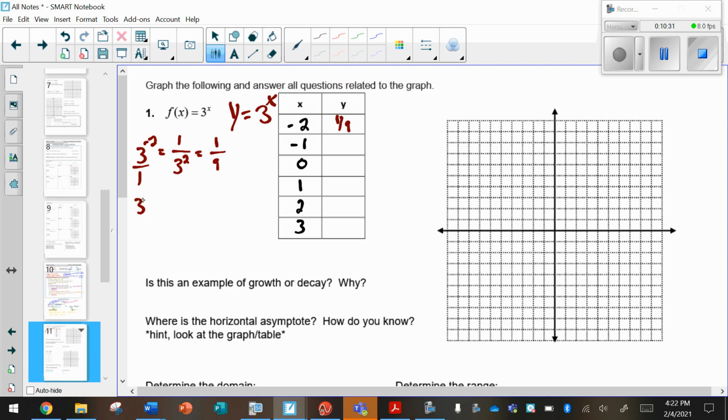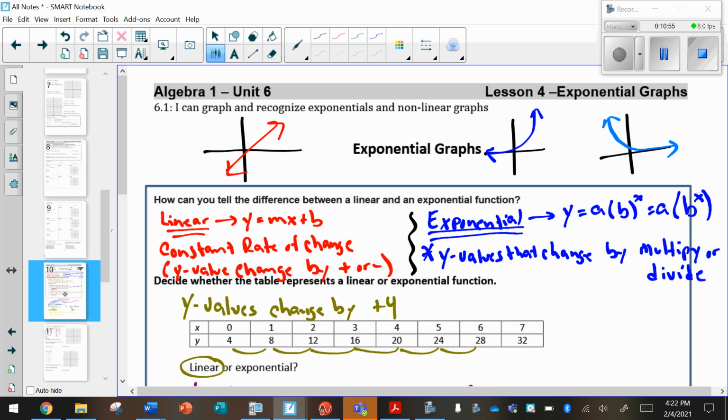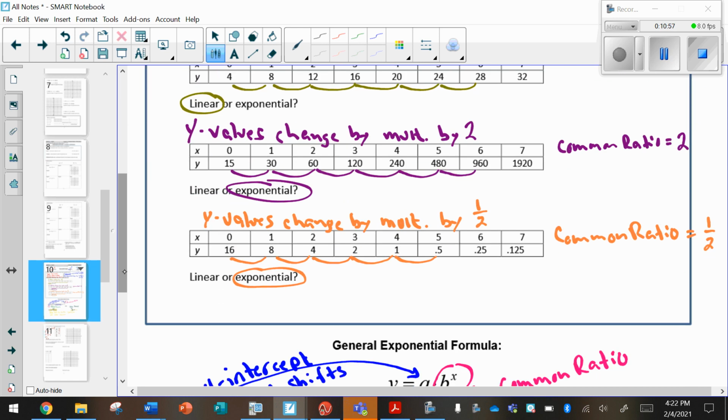Now if we do 3 to the negative first, we would flip that to make it 1 over 3 to the first. So that's 1/3. And then anything with an exponent of 0 is always just 1. And then 3 to the first power is 3. Remembering what we talked about with the table of values on the previous page, an exponential graph will have the y values increase by multiplying the same number over and over and over.